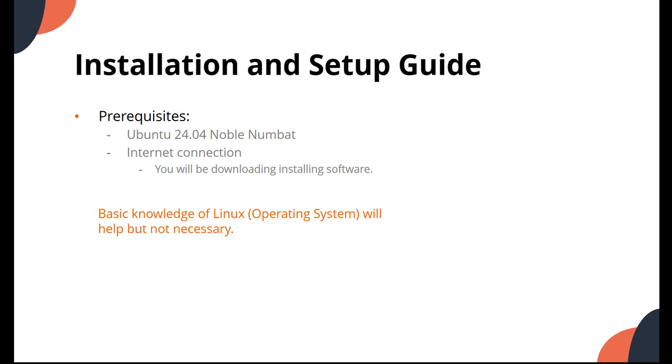So those two are really the important things. An extra is if you do have some basic knowledge of Linux, the operating system, then it's definitely going to help you out, but it is not necessary. With the steps that I'm going to provide for the installation, you should be able to install the tools perfectly fine and learn how to use Linux on your journey of robotics. All right, so let's go ahead and get started.